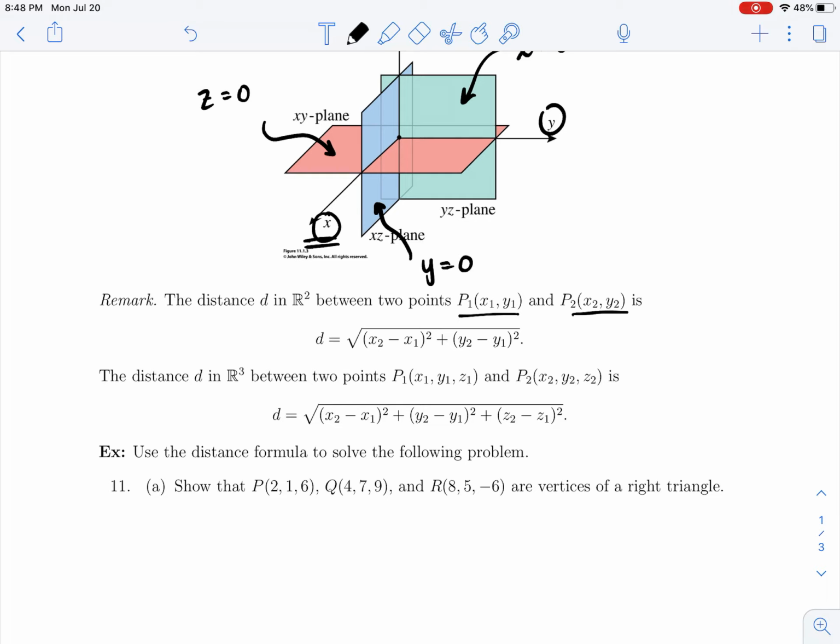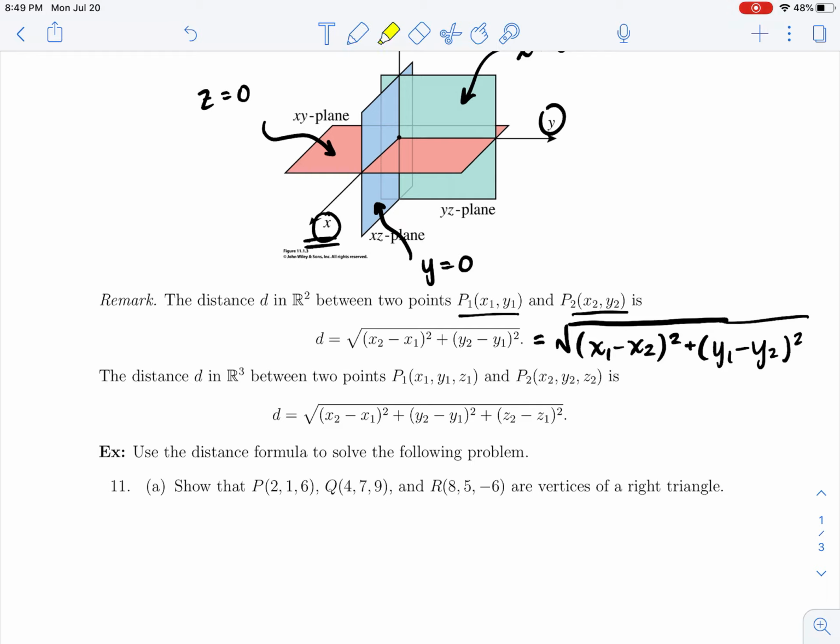You'll notice that this is written as the square root of x2 minus x1 squared plus y2 minus y1 squared, but it's worth noting that the order of those differences doesn't matter. You could just as easily compute this as x1 minus x2 quantity squared plus y1 minus y2 quantity squared with the overarching square root.